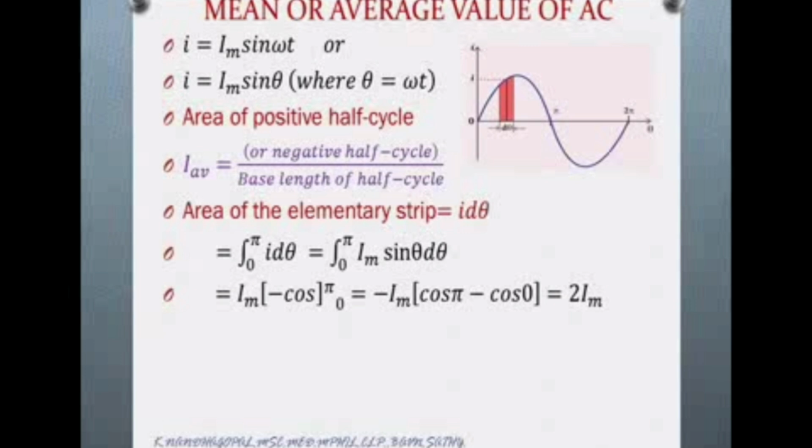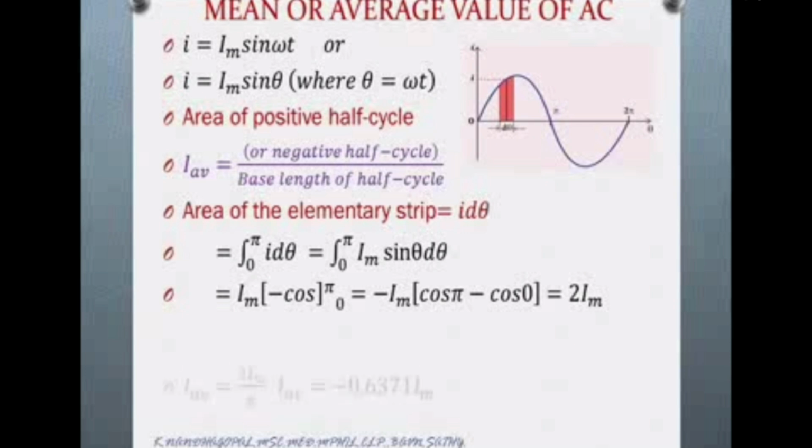Integrating sin theta d theta, we get minus cos theta, with upper limit pi and lower limit 0. Substituting the two values, we get minus Im times cos pi minus cos 0. Finally we get 2 into Im. So this is the area of the positive or negative half of the cycle.